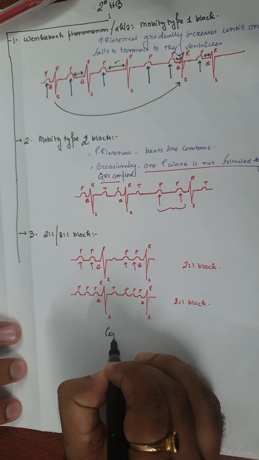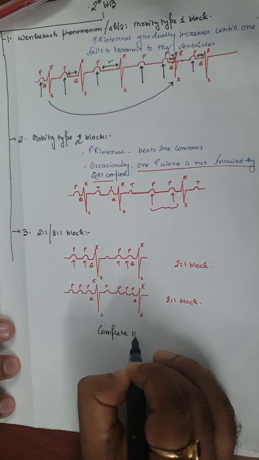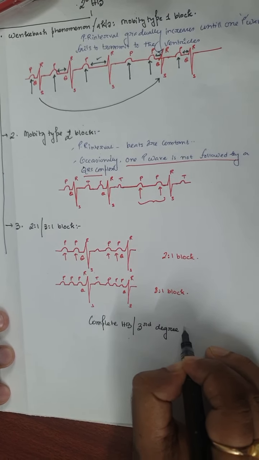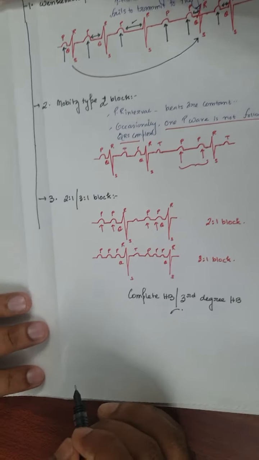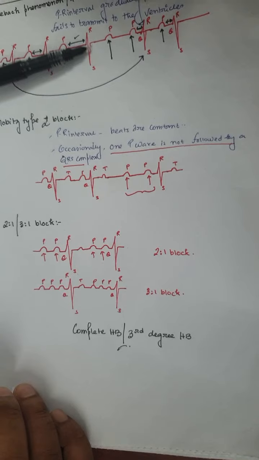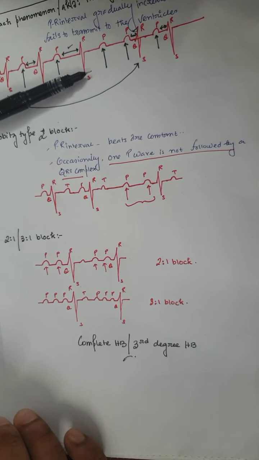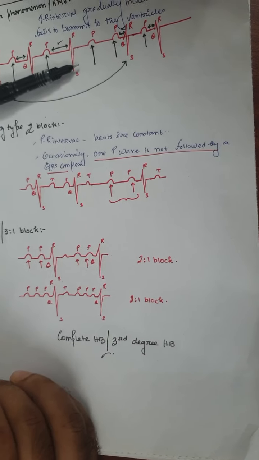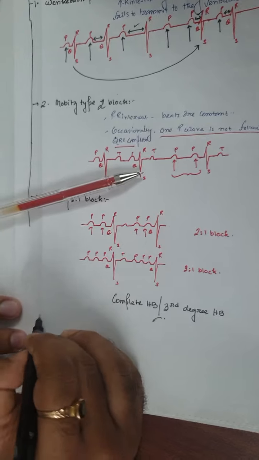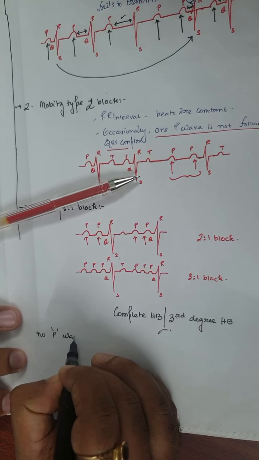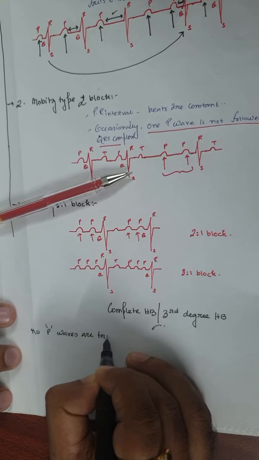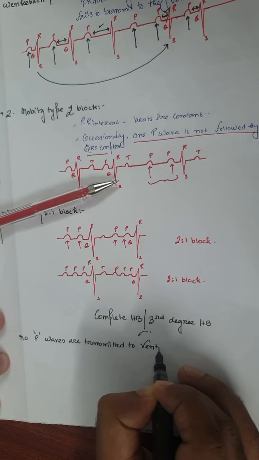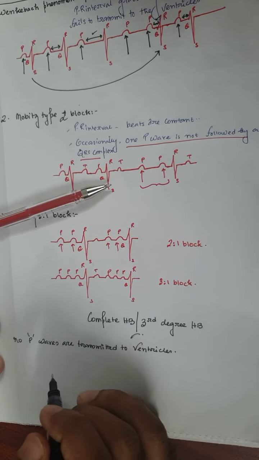Now let's take a look at the complete heart block or third degree heart block. In complete heart block, there is complete disruption of the electrical impulse conduction from the SA node to AV node. So no P waves are transmitted to the ventricle.